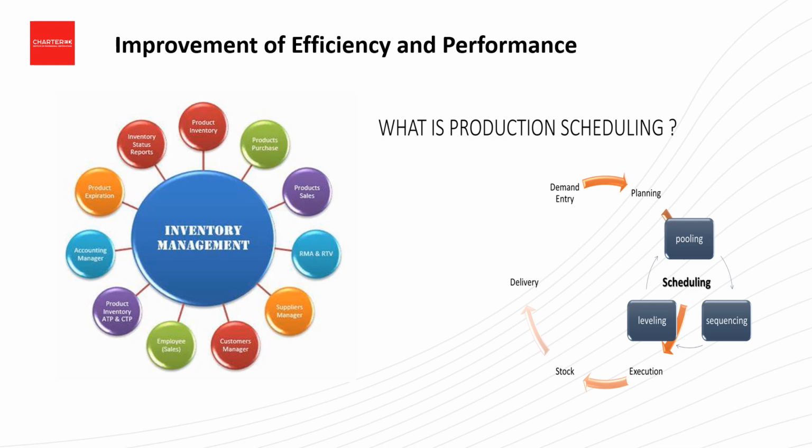By optimizing production schedules, organizations can reduce lead times, increase productivity, and therefore better align production with demand. This not only improves efficiency, but it also enhances the organization's ability to respond to changes in the market, leading to better performance and overall higher customer satisfaction.